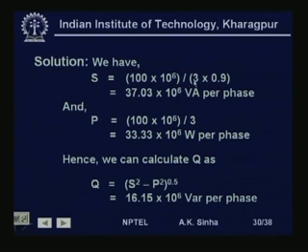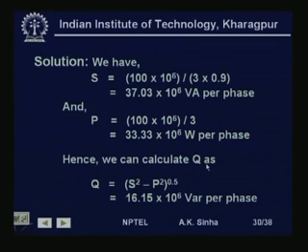So, that is megawatt per phase divided by 0.9, because 0.9 is the power factor, this will give me the MVA. So, megawatt divided by the power factor gives me the MVA. So, this comes out to be 37.03 into 10 to the power 6 volt ampere, or 37.03 MVA per phase, and P is known as 100 megawatt. So, per phase it is 33.33 megawatt.